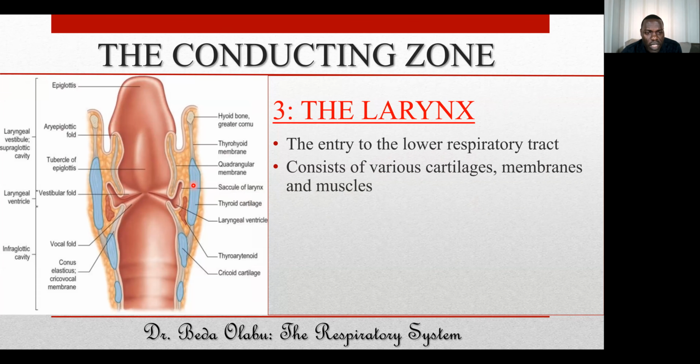So we have what we call the thyroid cartilage. This is the one that actually forms your Adam's apple, or Eve's apple if you wish. That is thyroid cartilage. Below the thyroid cartilage, we have what we call the cricoid cartilage. And I'd want you to feel your cricoid cartilage. So maybe you put your finger first to feel the Adam's apple.